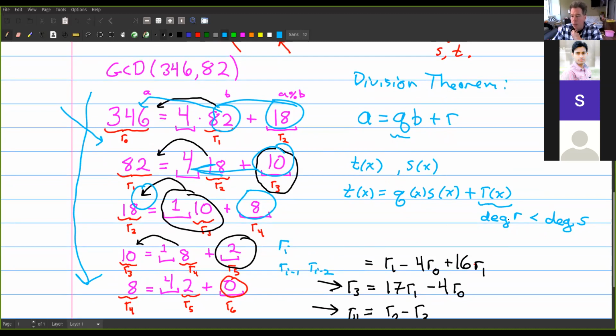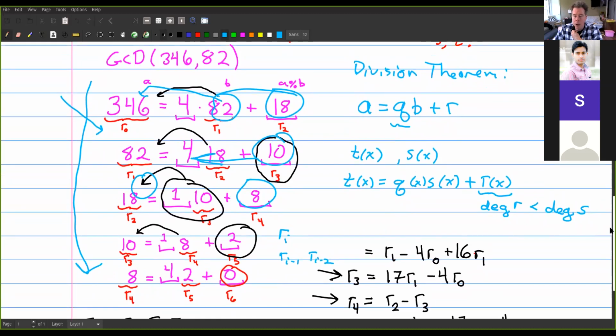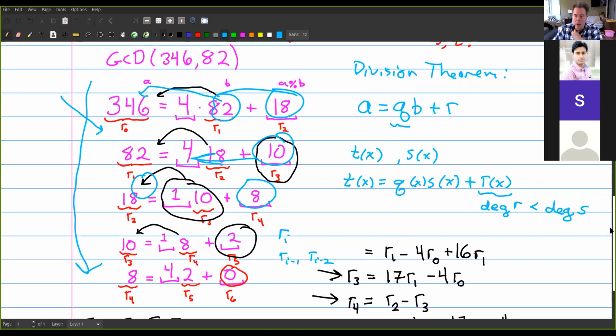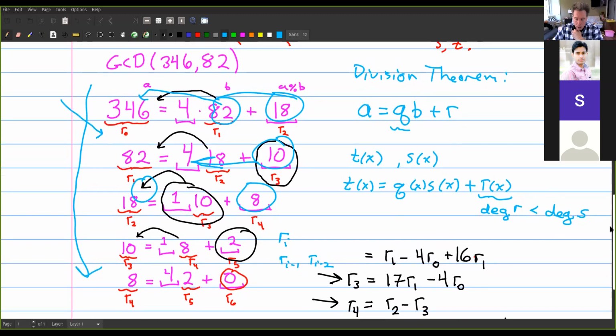Should we just do the division theorem for two polynomials? I think even that is too much of a pain because we would have to do polynomial long division, and I feel like I'm brutalizing everybody already. So it's way past time that we got to the point of all this. The point of all this is to compute modular inverses.